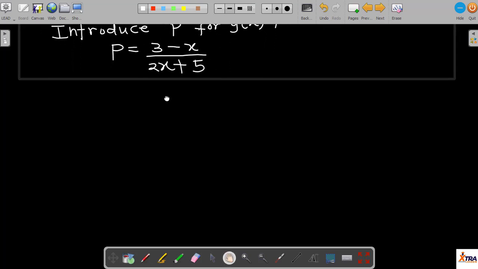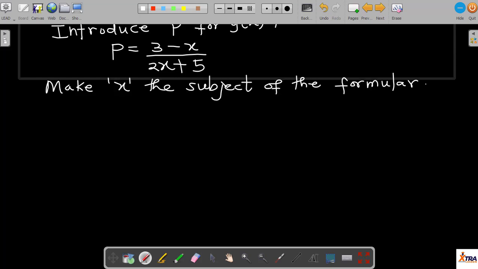Then the next thing we do, if you remember vividly, for inverse of a function is we make x the subject of the formula. So making x subject of the formula, you cross multiply here, we have p into 2x plus 5 equals 3 minus x.